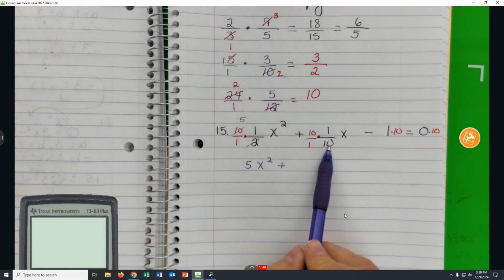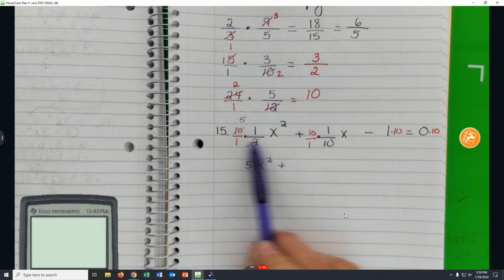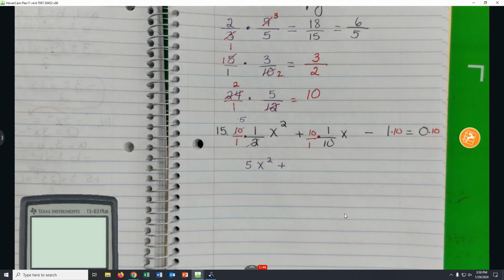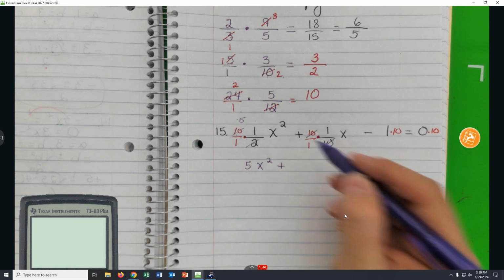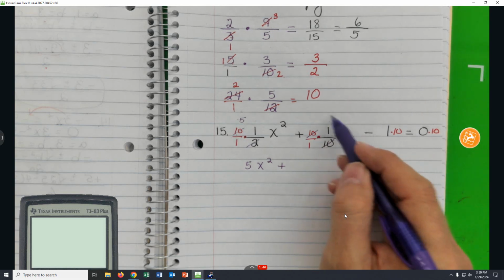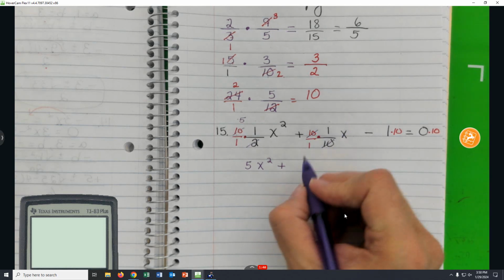That's what I want to do, is rewrite this equation so we don't have any fractions. By multiplying, in this case, I'm multiplying by 10. Is all of that canceling? And we just have a 1x or x.